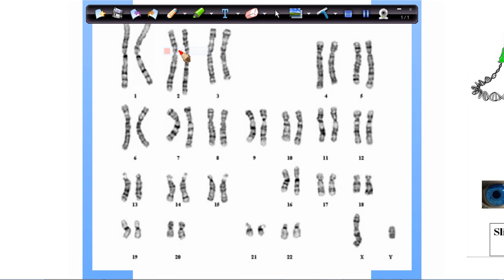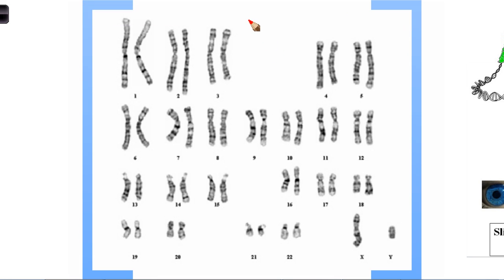This picture here is called a karyotype. K-A-R-Y-O-T-Y-P-E. Okay, so a karyotype. A karyotype is simply a photo or a picture of chromosomes cut out and arranged in order of size from largest to smallest.